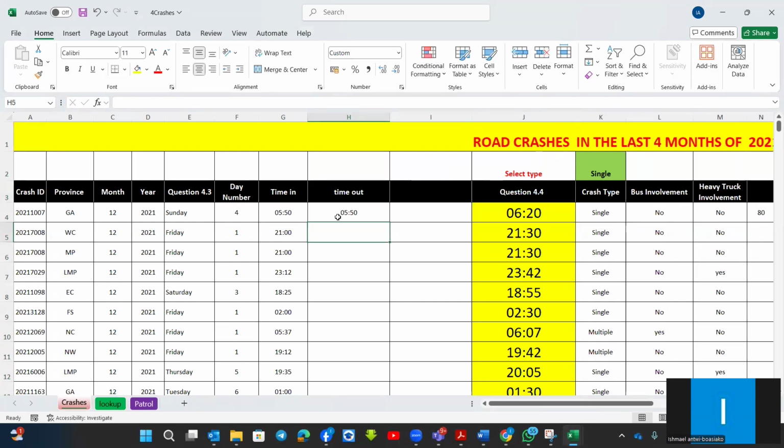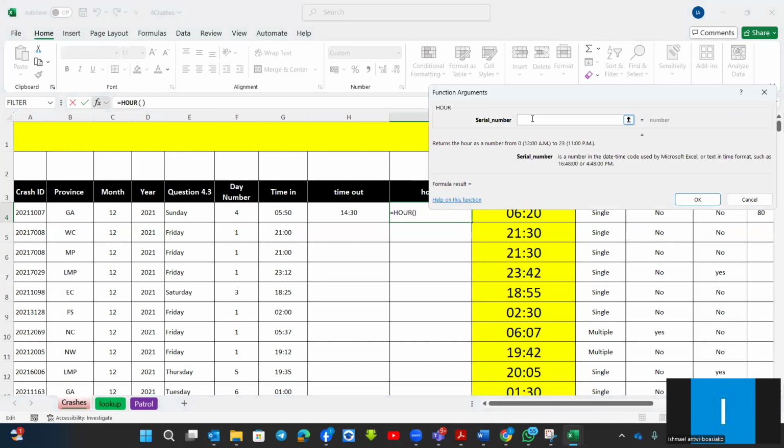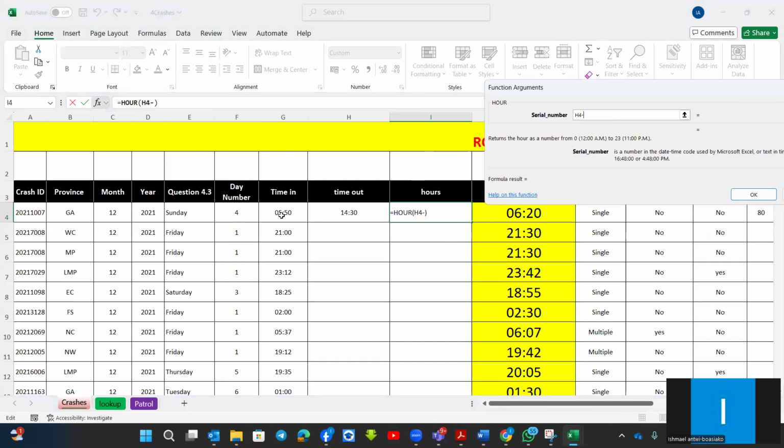You arrive at 5:20, and let's say they left at 14:30. Now they want the number of hours. If you are calculating the number of hours, you can use the hour function. Equal sign HOUR, then you click on fx. You see the time out minus the time in.